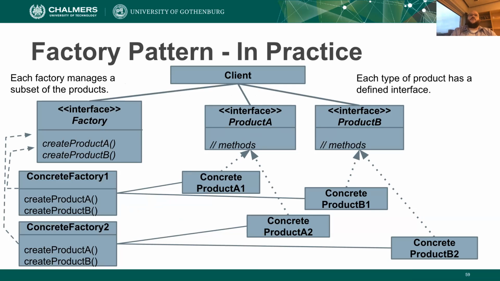And then we have concrete product classes for each type that implement those methods of the appropriate interface. A factory gives us a way to create products of different types, and defines creation methods for each product type, be that a pizza or a sandwich or whatever we're building. So every factory is responsible for creating certain subsets of concrete products and links to the products it creates, and other factories handle other subsets of those products.